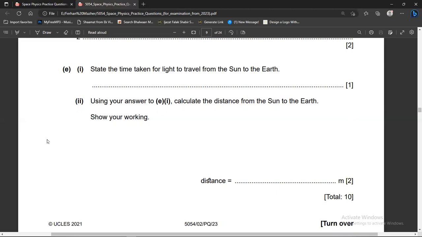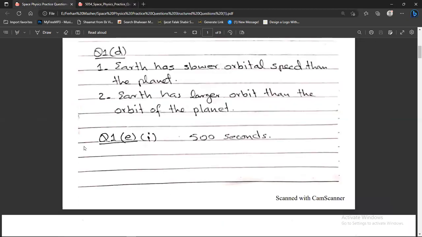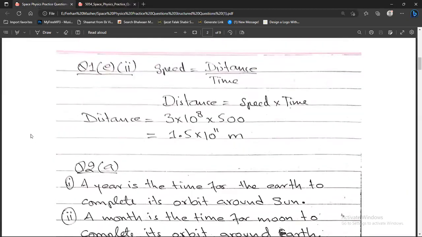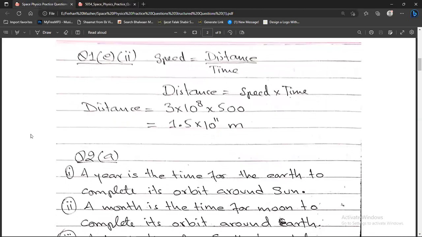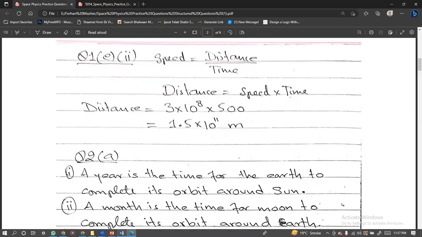So we can calculate the distance. Distance is equal to speed multiplied by time. The speed is 3 × 10^8 meters per second, and the time taken is 500 seconds. You simply multiply them and you get 1.5 × 10^11 meters. So the distance between the earth and the sun is 1.5 × 10^11 meters.